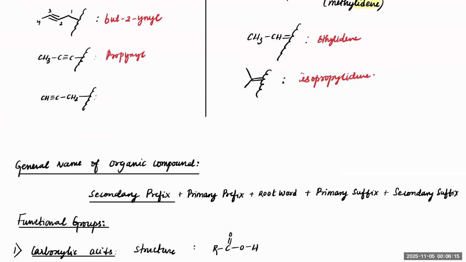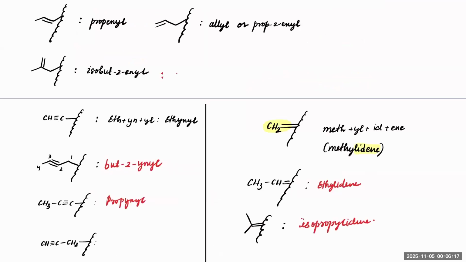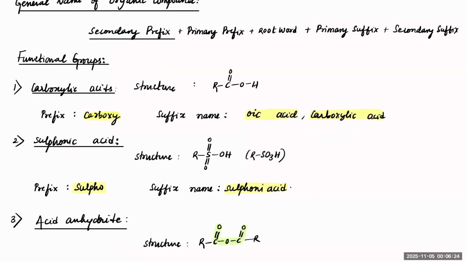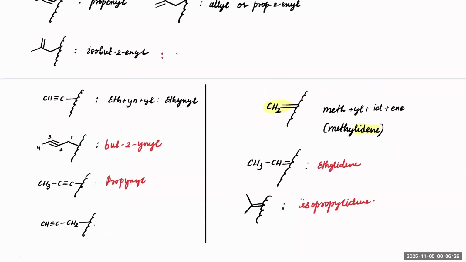Done. That's it. This is the basic introduction towards IUPAC. If you understand all these terms, then the naming in IUPAC becomes very easy for us. Got it? So this much work I expect all of you to complete and keep it. As we go to the next session, we'll discuss all the IUPAC at once.